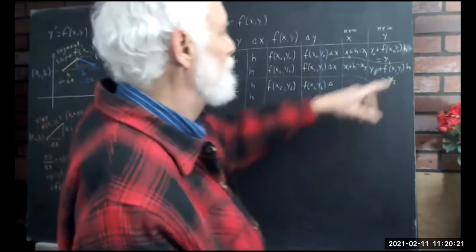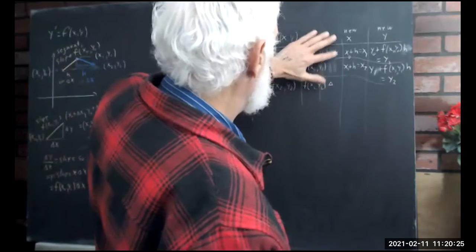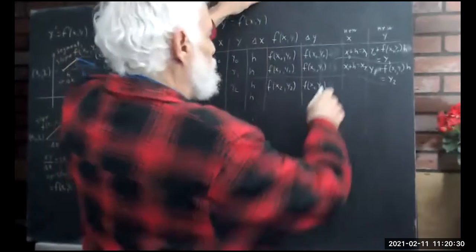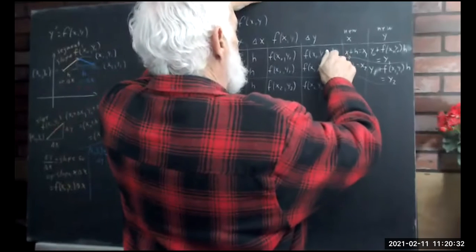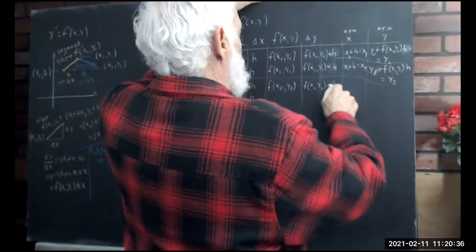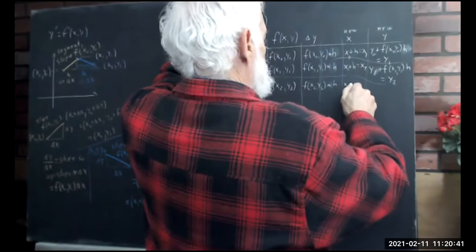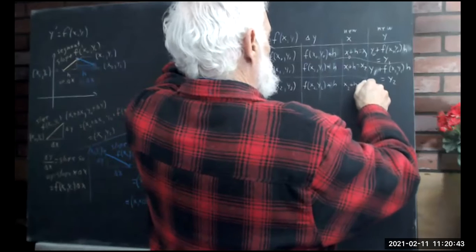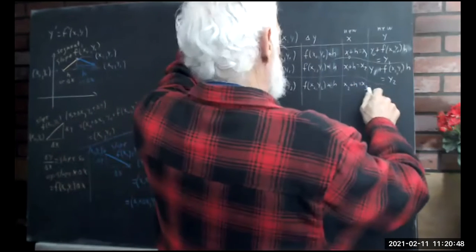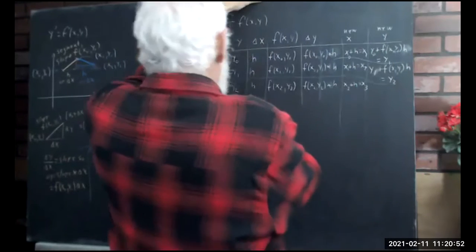I've written h instead of delta x here, but I've been writing delta x over here, and I really ought to write just h. And then over here, since I didn't have room, I have to use this extra space.